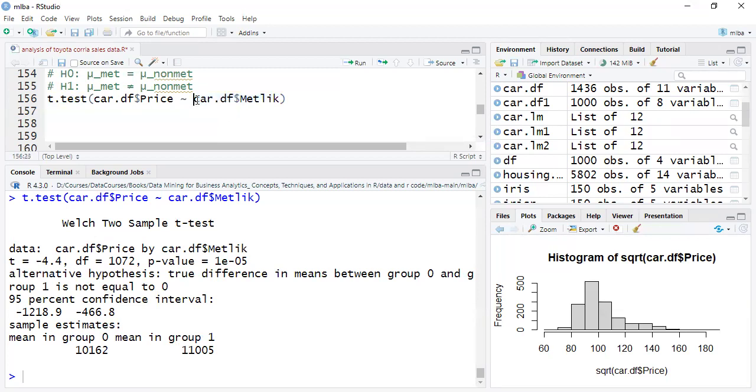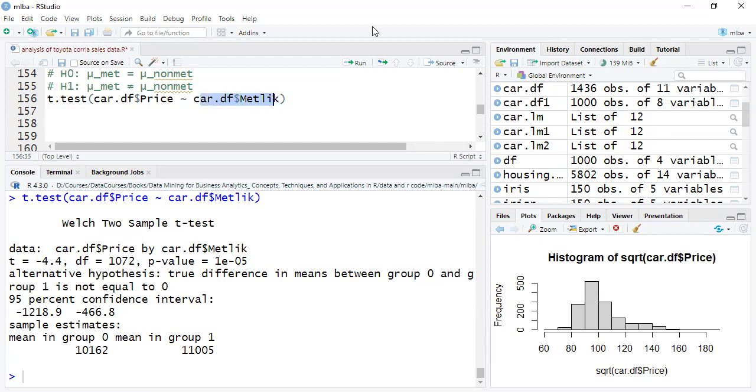So every factor variable which you use here should have two values. We cannot use the fuel type variable here, because fuel type has three values: CNG, petrol, and gasoline, whatever it is. So it is a comparison of two means, not three means.